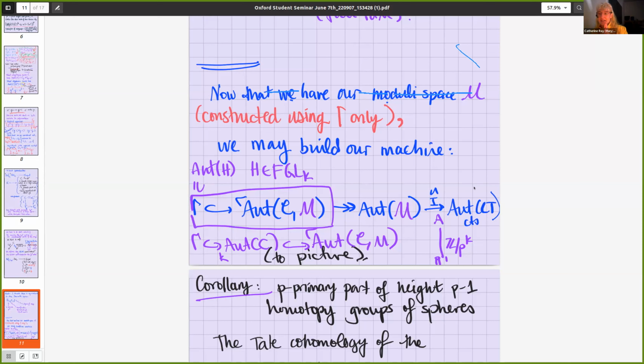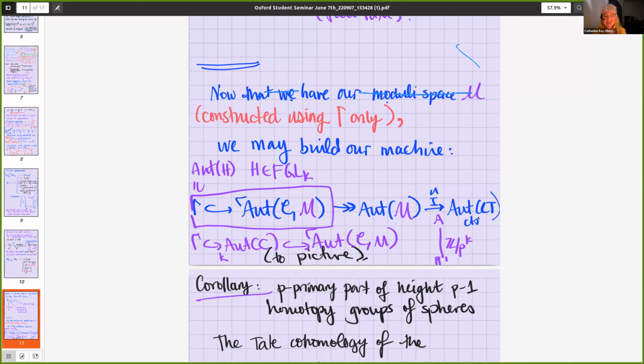The action of a group on something is the same as specifying a map from the group to the automorphisms of that thing. And so the moduli stack of the deformations of curves allows us to factor this map from the group that we're curious about to the automorphisms of the Lubin-Tate space in such a way that we can understand the action and then follow it all the way through. And this gives us an isomorphism with a group cohomology that we can actually compute, the group cohomology that we're interested in. Does that answer your question?